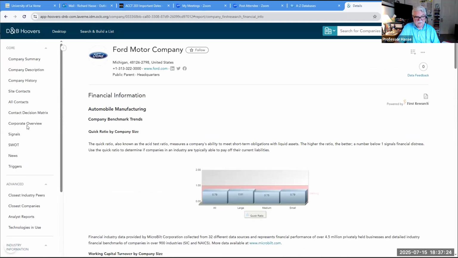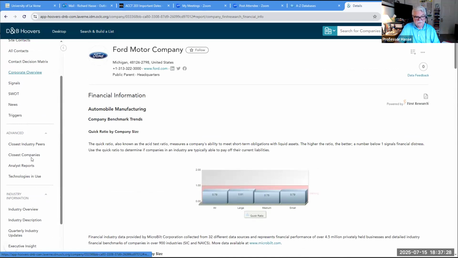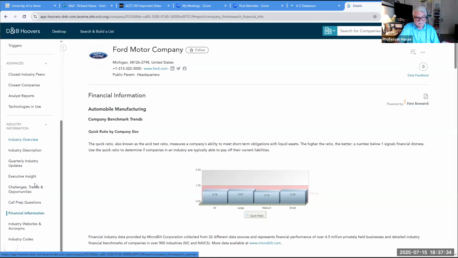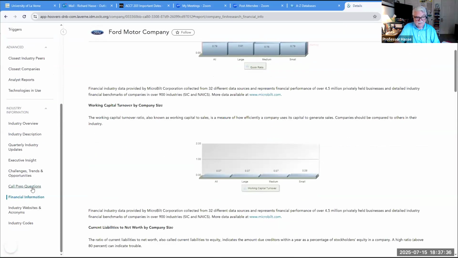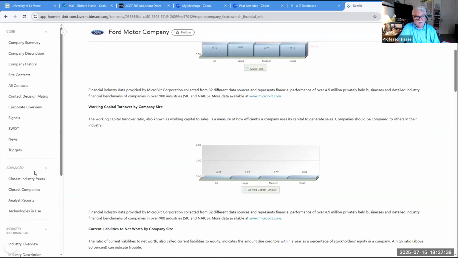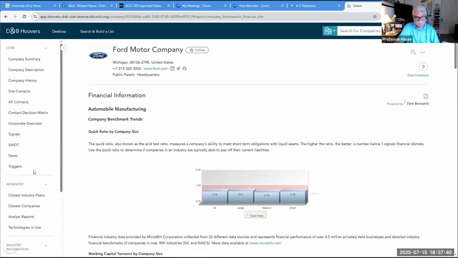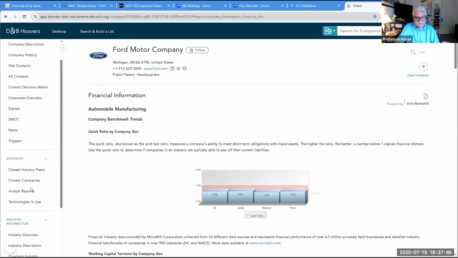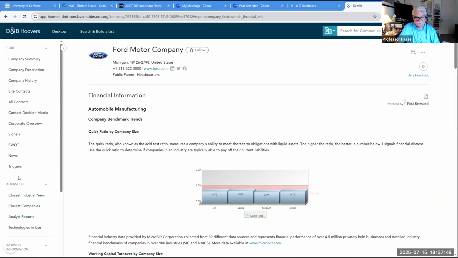You can go here to company overview. You can go to industry overview, look at the industry average of the automobile industry that Ford is in. All kinds of information about Ford. Analyst reports.